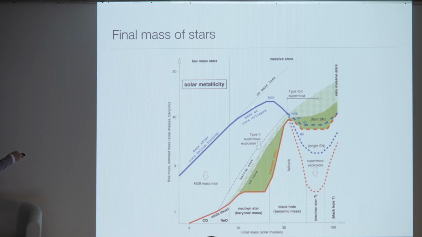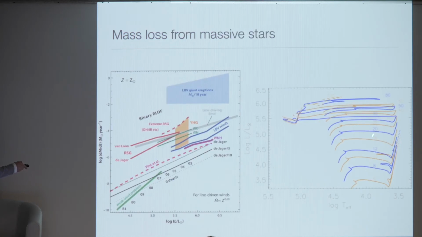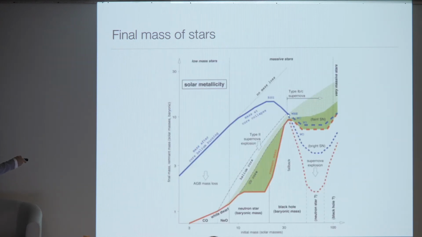But as the mass gets higher, you see more mass lost from the star because of the higher luminosity and higher mass loss rate. And from some point, as we saw in this diagram, between 25 and 30 solar masses, the star loses a lot of mass, and basically loses all the hydrogen-rich envelope it has.